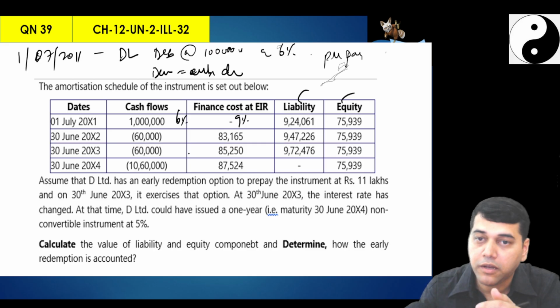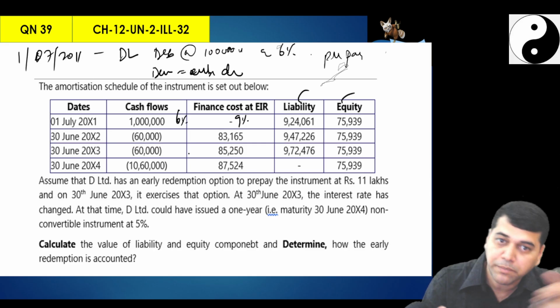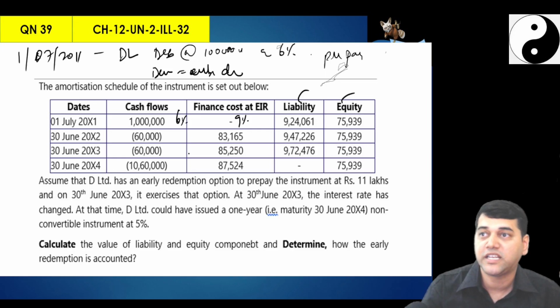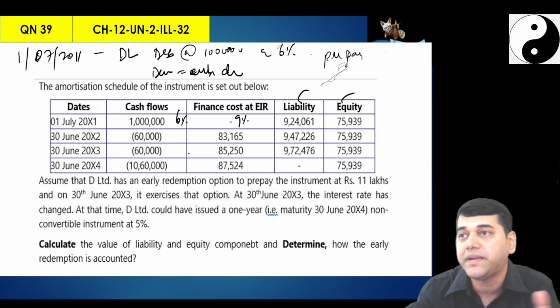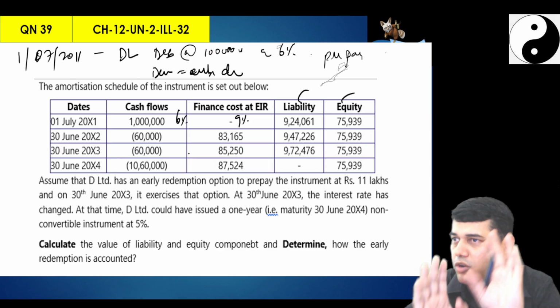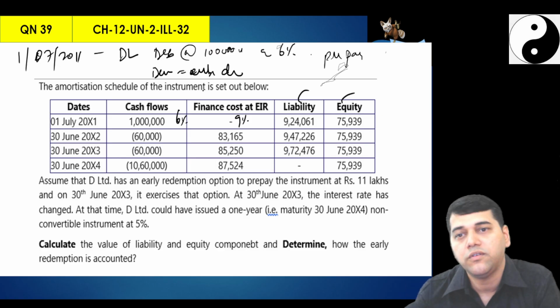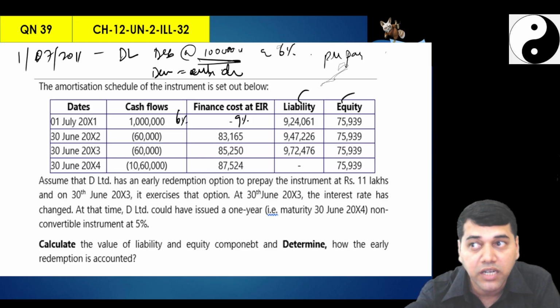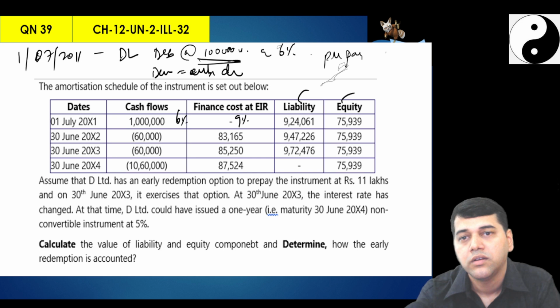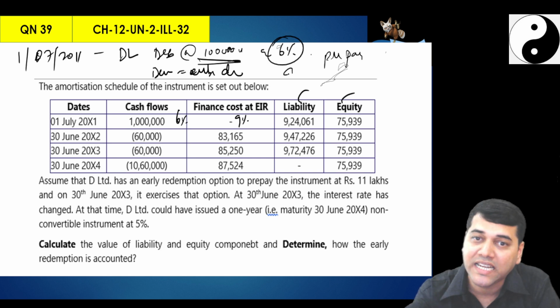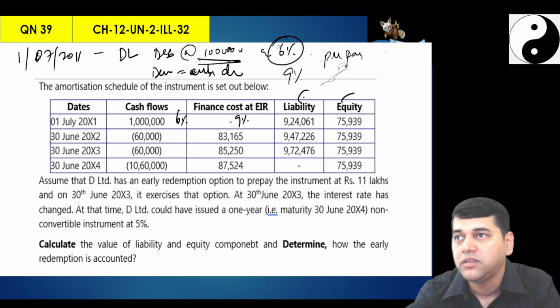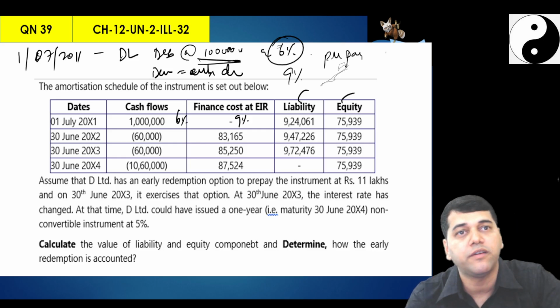But that embedded derivative, you separated it. Why? Because we will learn in the next chapter. And they gave you a separated breakup. Okay, for the time being, not required that much. Now, since you have issued a prepayable debenture, not a convertible debenture, at 6%, at that time the market rate was 9%. Step 1, you found out the present value of the future cash flows.